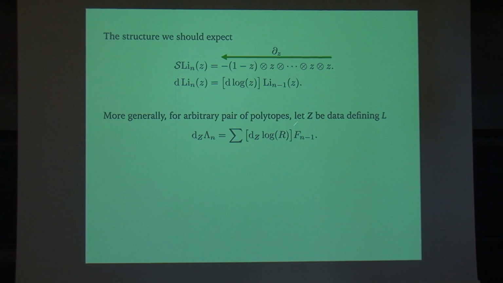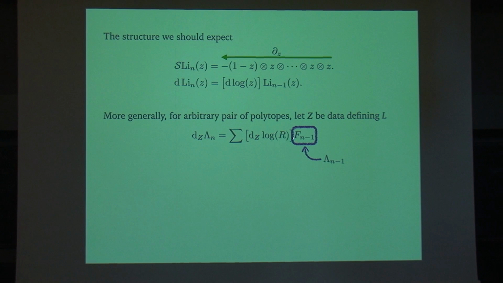The question is, what should be the natural functions entering the dlog and also the remaining part? It turns out that indeed this latter part is again some polylogarithms, but of a lower transcendental weight.